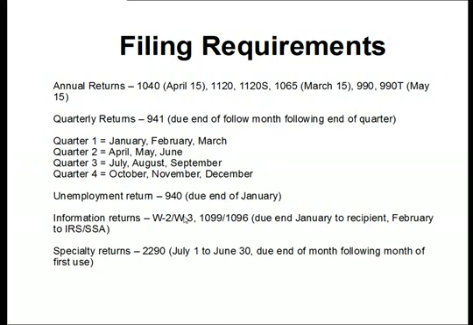Something very important to note, too, for your purposes as a sales rep, is that there's a form called a W-3. A W-3 is a summary and reconciliation of all the W-2s that you file. A Form 1096 is a summary and reconciliation of all the 1099s you file.